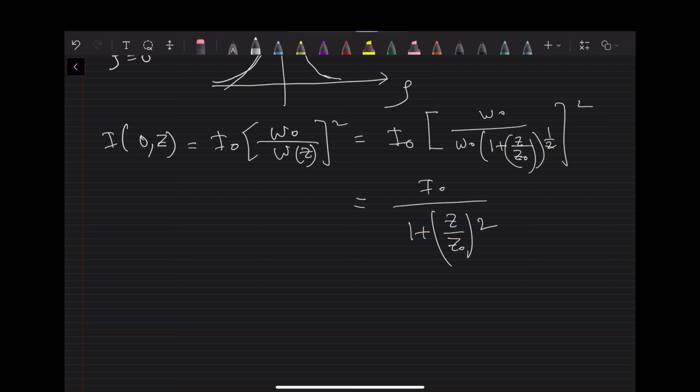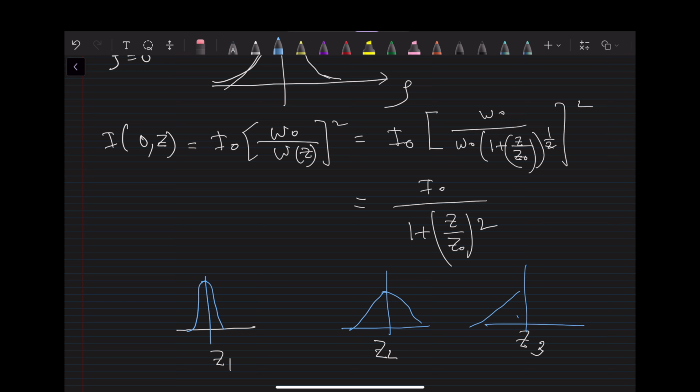Suppose you have z1, then z2 a little higher, then z3. How will our beam look? Initially it will look like this, with more power concentrated around the center. Then it will spread out a little bit, and then even more.